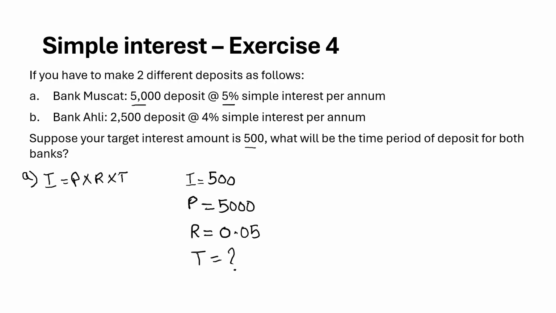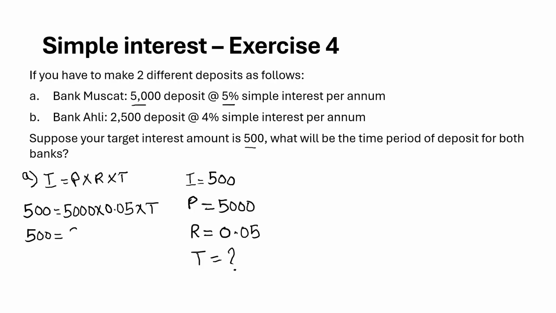Now just replace it in the formula. I is 500, is equal to 5,000 principal amount multiplied by rate of interest 0.05 multiplied by T, which I don't know. So 500 is equal to 5,000 multiplied by 0.05.